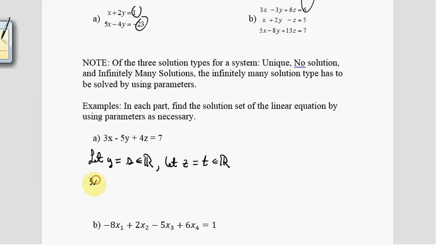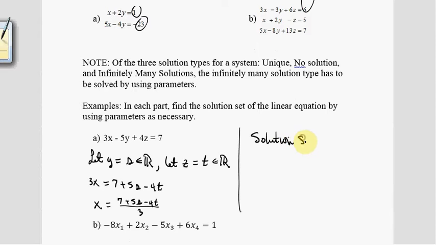So here we get 3x is equal to 7 plus 5s minus 4t. Now x is 7 plus 5s minus 4t all over 3. So the solution set, the infinite solution set, is the choice for x, which depends on the y and the z.